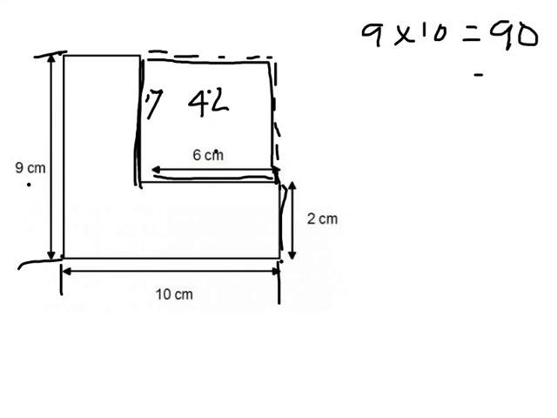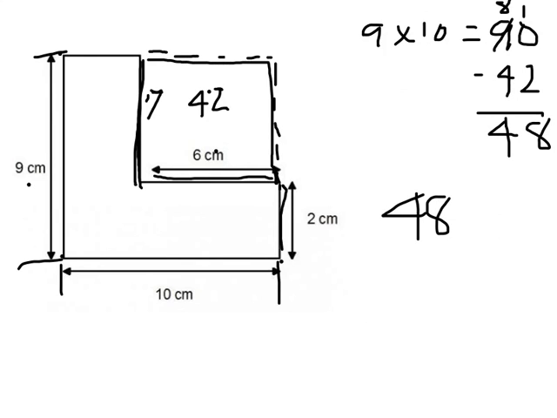So 42 of that 90 really is not there, so I'm going to subtract it out. And I'm going to make that an 8 and 10. That's 8 and 4. So the area of the figure that we actually have is 48 centimeters squared. Remember, the area is always squared. All right, let's go to your practice problems. You have 2 of them.